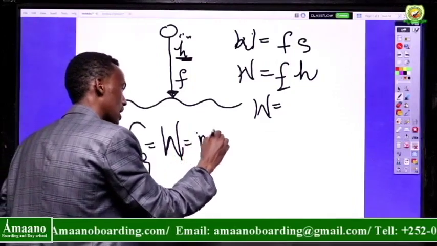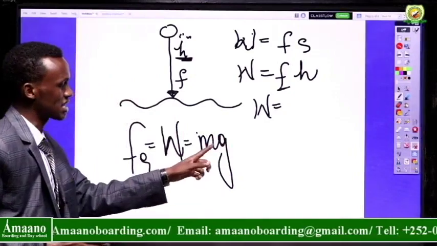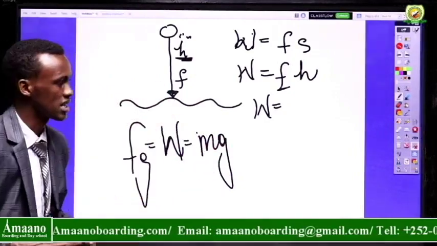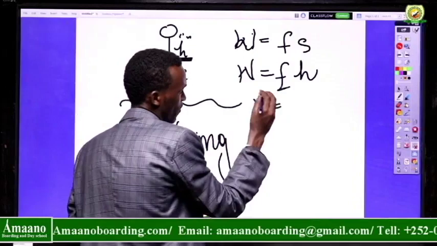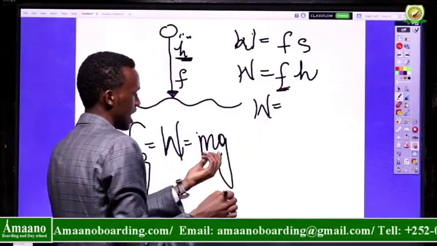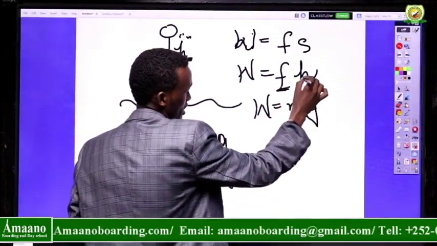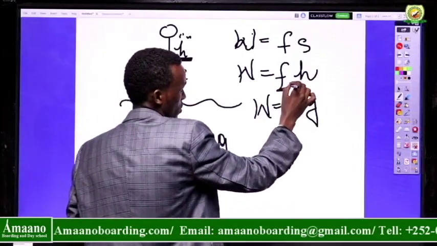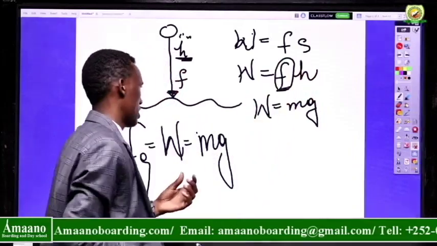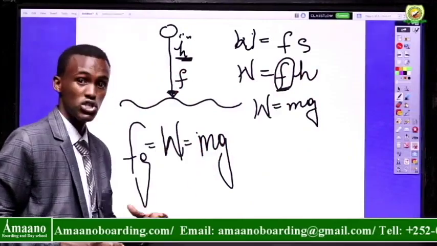The weight of the body is equal to mg, mass times gravity. So we replace F with mg.